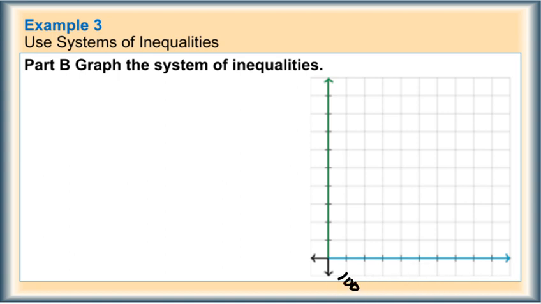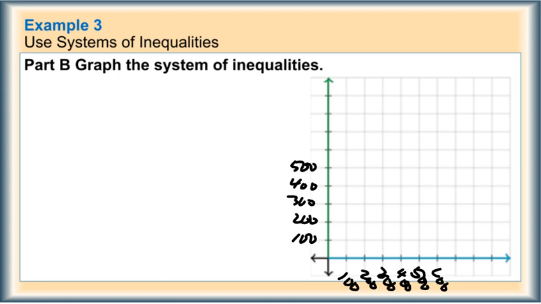So 1, 2, 3, 4, 5, 600. And the other one we'll count by 100s as well. This would be 100, 200, 300, 400, 500, and 600.